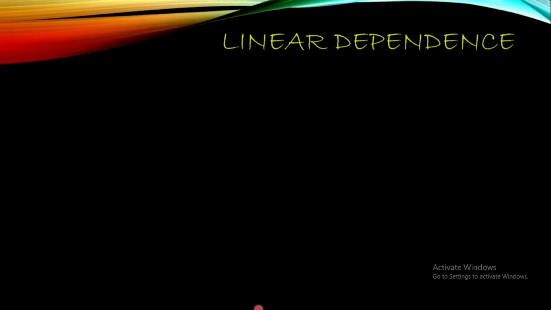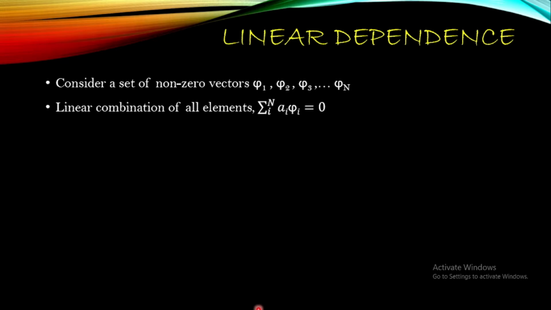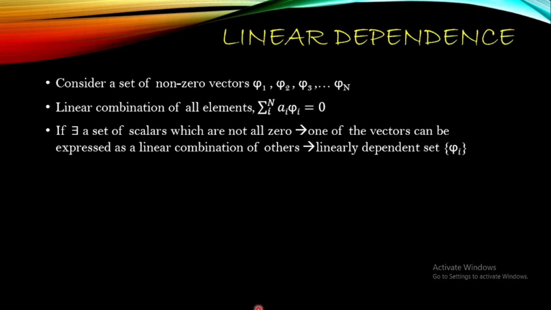Now let us move on to the second part, which is about linear dependence, or the corresponding vectors called linearly dependent vectors. Again we are going to consider a set of non-zero vectors. If we consider the linear combination of all its elements, then the solution need not be equal to 0.